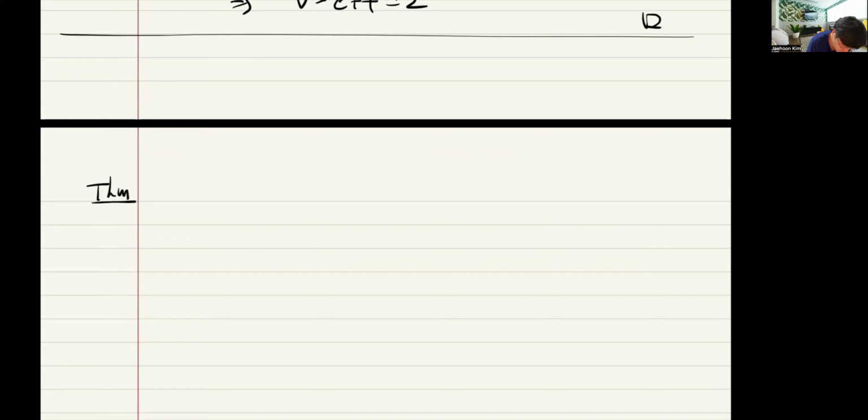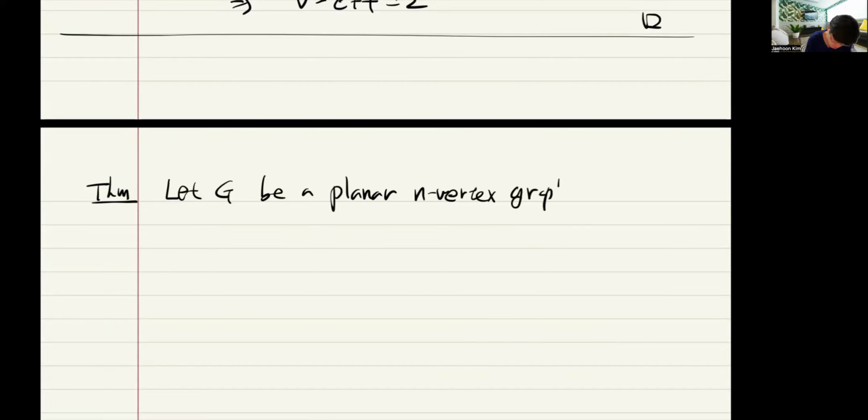Using this Euler formula, we can derive some relationship between the number of vertices and the number of edges in a planar graph. So let G be a planar graph with n vertices and m edges. Here it's a planar graph, not a plane graph, so we don't have any faces; we only have vertices and edges.